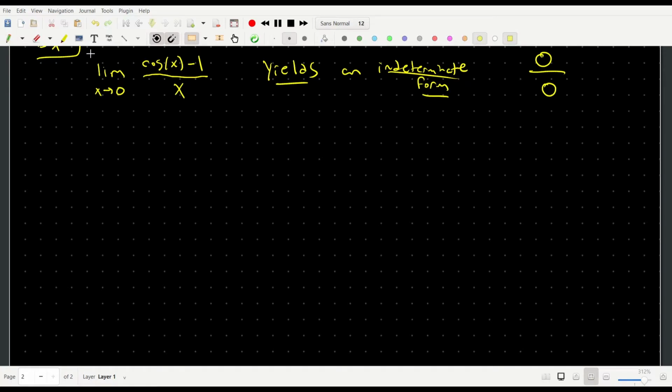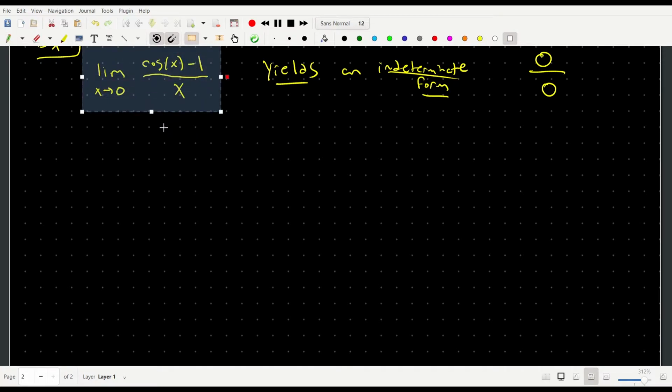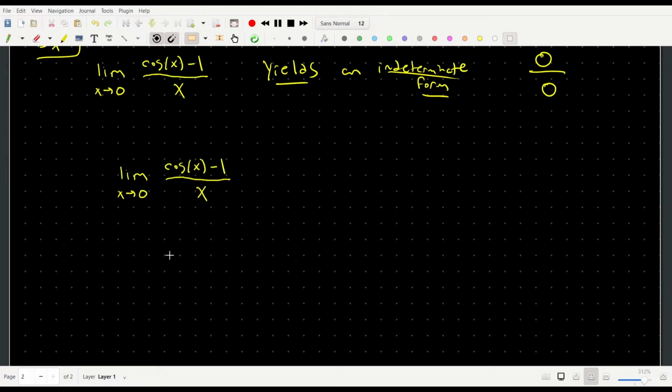So from L'Hopital's rule, which can be directly applied because the numerator is differentiable, the denominator function x is differentiable, and the derivative of the denominator function is non-zero around the point 0, this is going to be the same thing as the limit as x goes to 0 of the derivative of the numerator function over the derivative of the denominator function.